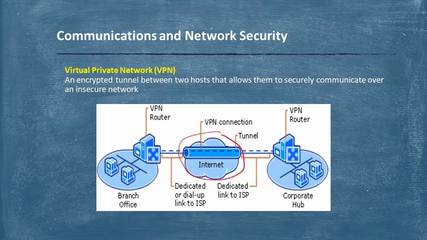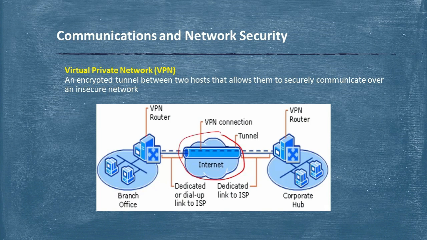Let's take a look at VPN, Virtual Private Network, in this session. The purpose of a virtual private network, that is VPN, is to have a dedicated network. Practically, the internet is not a dedicated one.